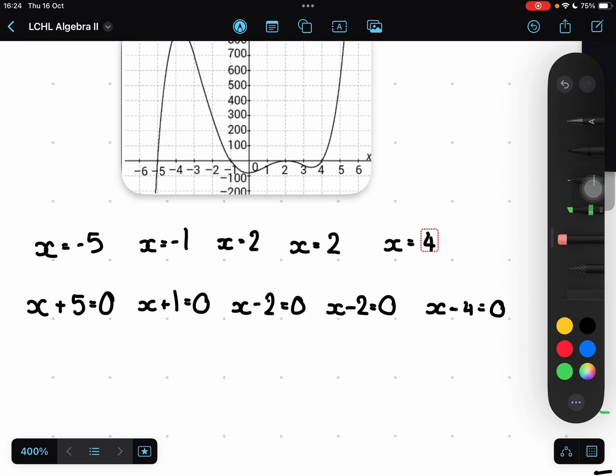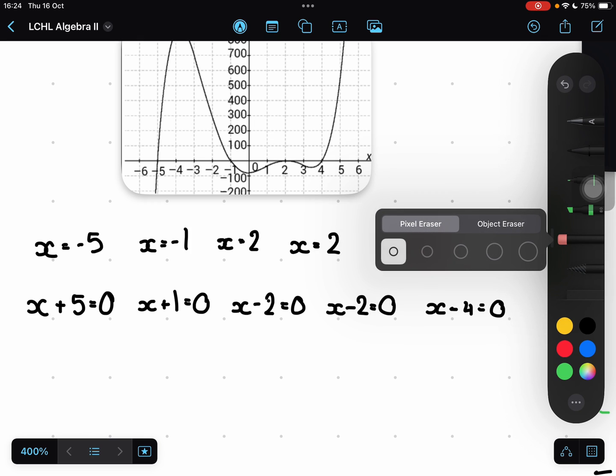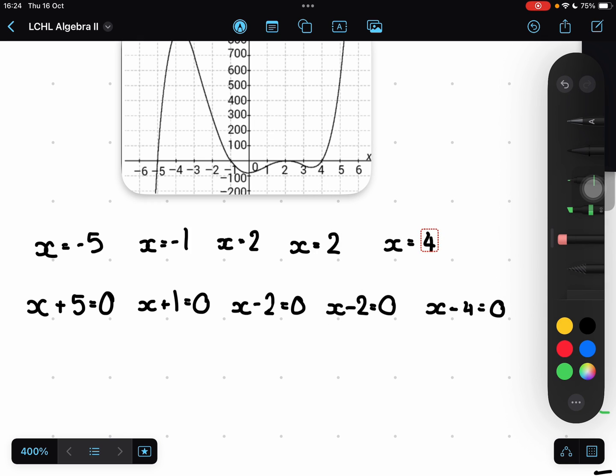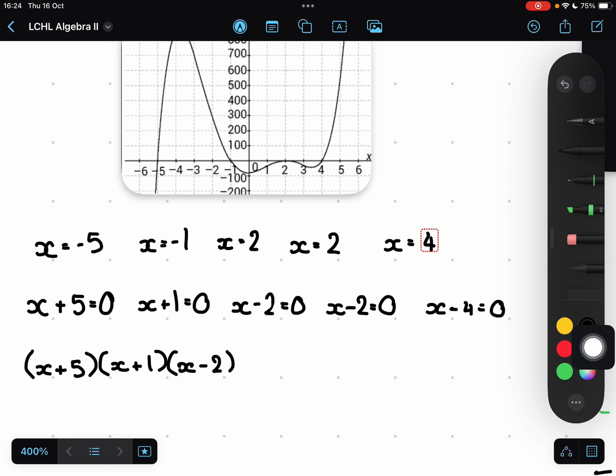Now that I know all of those, I can multiply them together to get what this polynomial would be. So 0 times 0 times 0 times 0 times 0. If I multiply 0 by itself 5 times, I'm going to get 0.